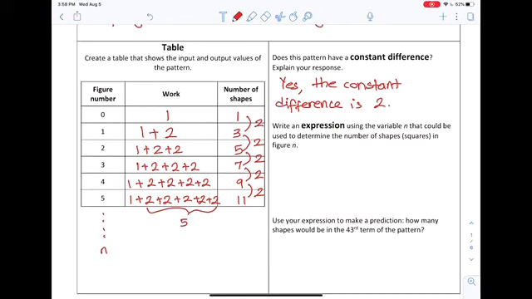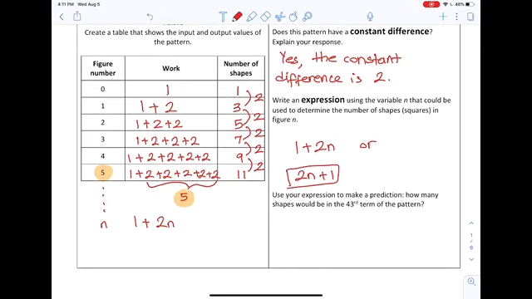If you use figure 5's idea, we can see that we have 5 2's here, which matches figure number 5. So we can use the same idea, and we can say the work for the nth figure would be 1 plus 2n. So our expression would be 1 plus 2n, or we can write 2n plus 1.